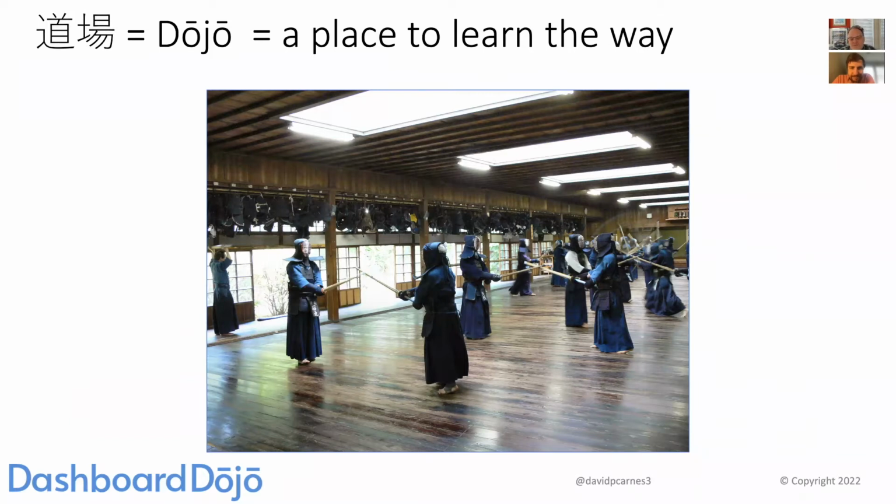All right, so for some of you that are first time, what is a dojo? I spent almost 3 years living in Japan, and I got to visit a number of different dojos for different martial arts disciplines. The word dojo is really a place to learn the way, or a place of the way. Those two characters, the one on the left is the one for way or road, and the character on the right is a place for location.